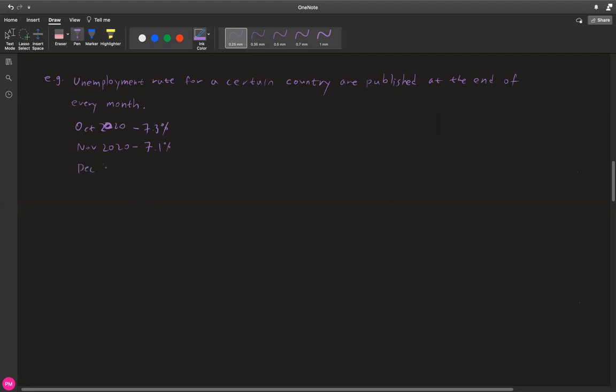December 2020 was 6.9%, and January 2021 is 6.7%.